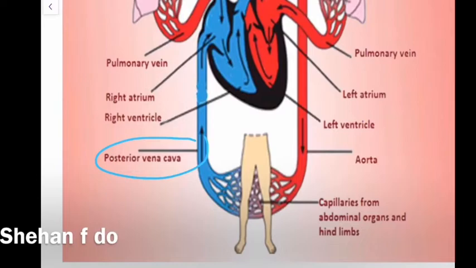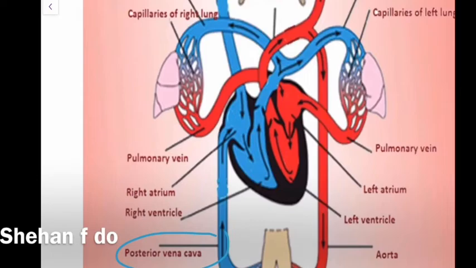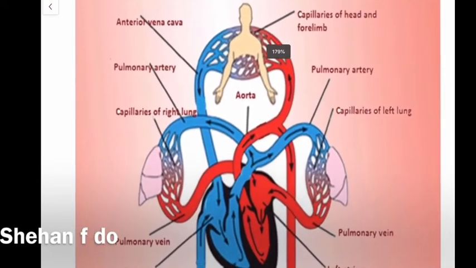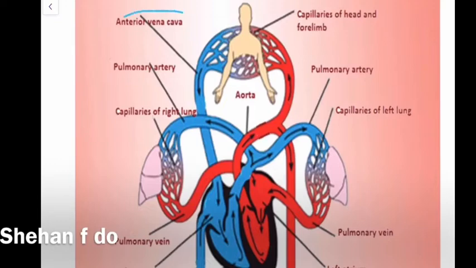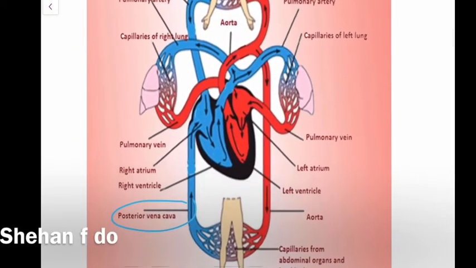And this deoxygenated blood, shown in blue color, then enters the right atrium. Similarly, from the upper part of your body, from the head, neck and the upper limbs, deoxygenated blood will drain through the superior vena cava and drain into the right atrium.